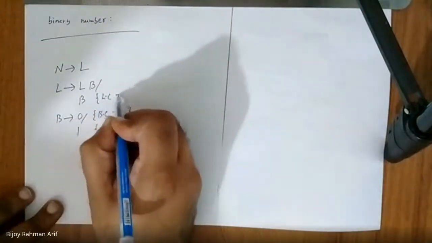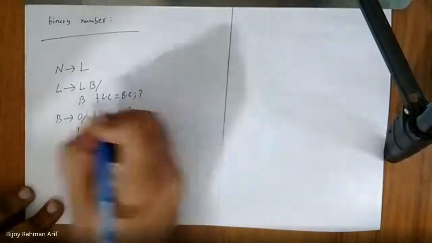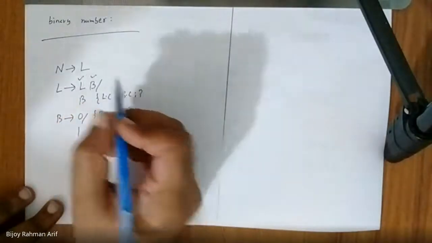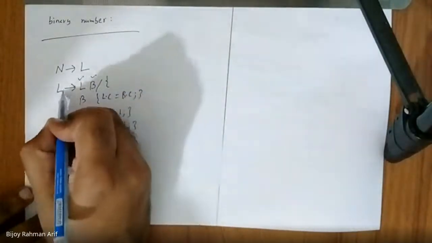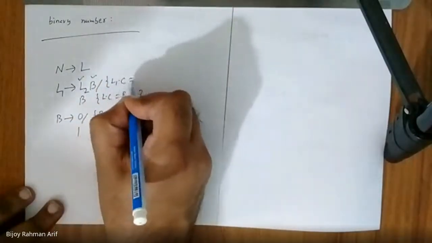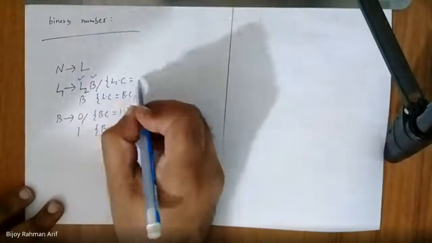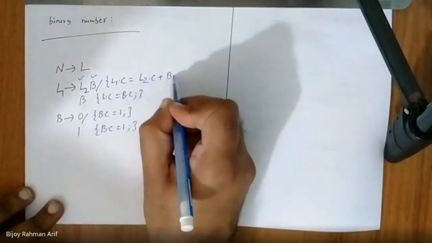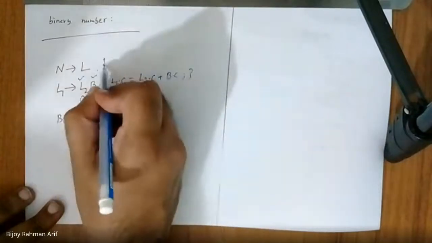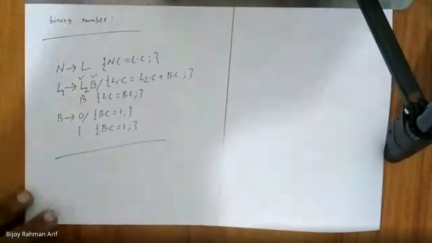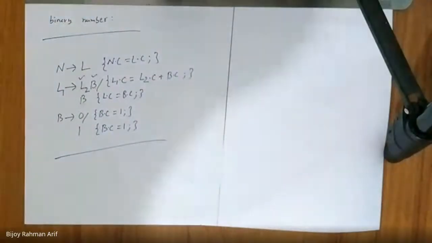So L.count equals B.count. Here there are 2 parts, if you consider this one L1 and this one L2, then L1.count is nothing but the number of bits in the second list plus B.count. And finally this one is simple, N.count equals L.count. Did you get the point? So this is the SDT.